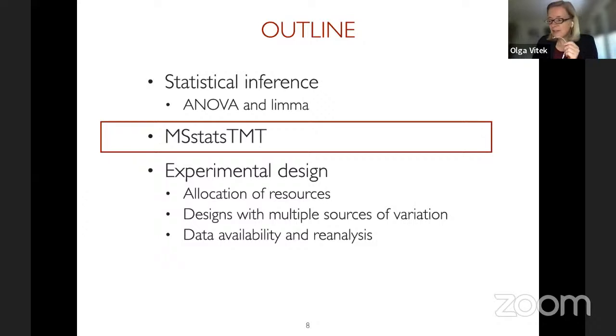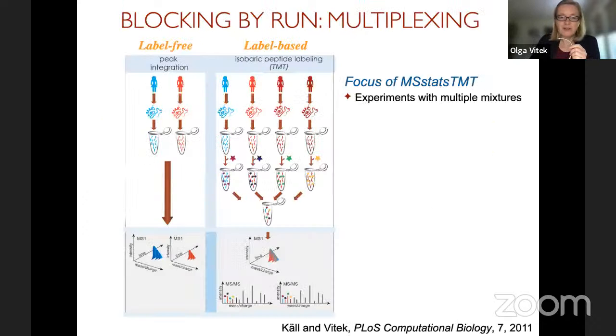Okay, so now we can talk about MStats TMT and what we actually do for a TMT experiment specifically. Unlike label-free experiments, this was an older cartoon that we looked at yesterday, we have essentially one sample per mass spectrometry run, right? So let's say we have a protein digested and we have a particular peak for this protein for the healthy individual, and then in a separate run, we have a peak for the individual with the disease.